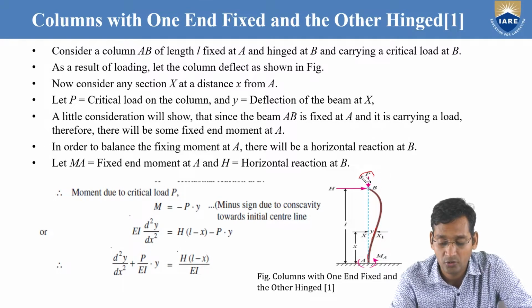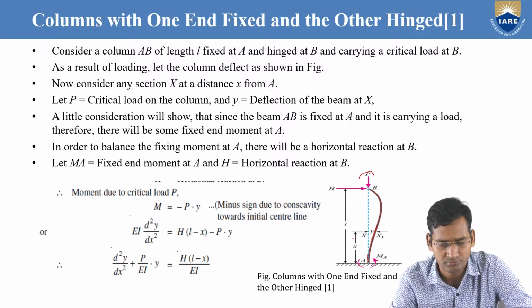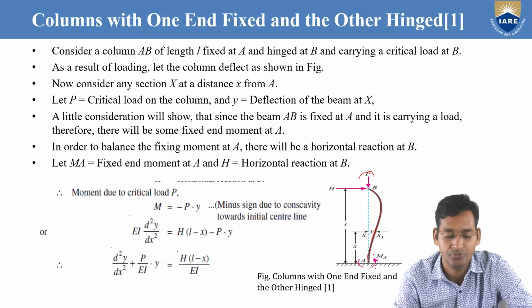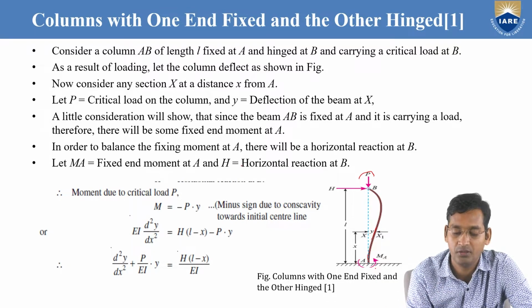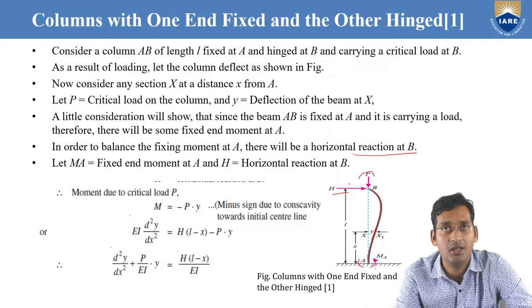But in this case, the moment is only at this point, so definitely another horizontal force is required, so that force into distance nullifies this moment. That's why there will be a horizontal reaction at B.